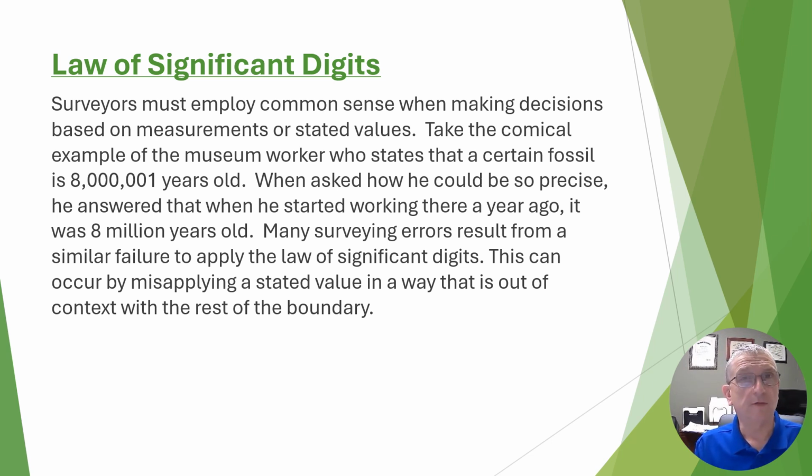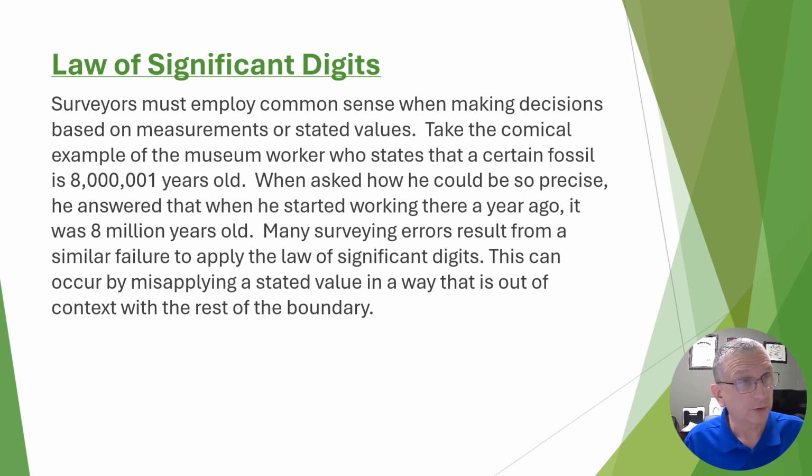Surveyors also have an added level of law of significant digit cognizance required of us, because some of our older surveyors in days gone by wouldn't tell us exactly what they were using or how they were measuring. A lot of bearings that are out there are to the nearest 15 minutes. You have to look at a deed in its totality and say, oh, this is north 32 degrees, 15 minutes east. Then the next one is south 44 degrees east. Maybe it's to the nearest degree.